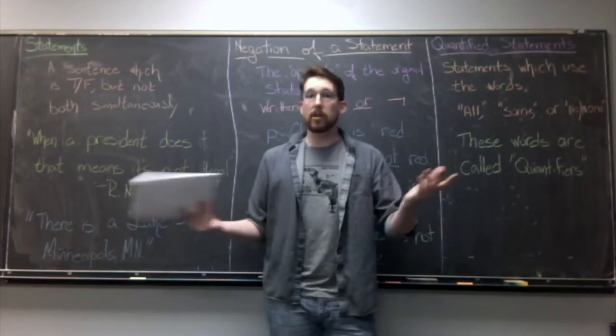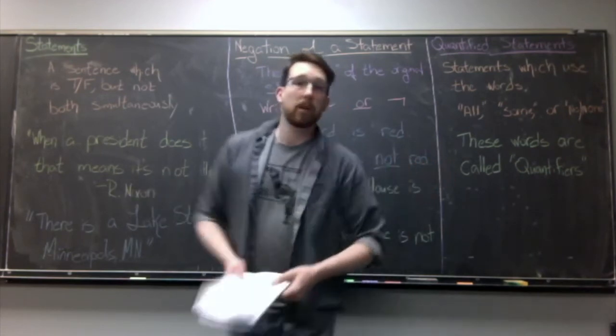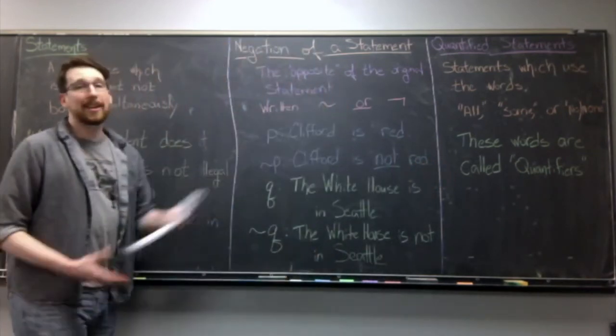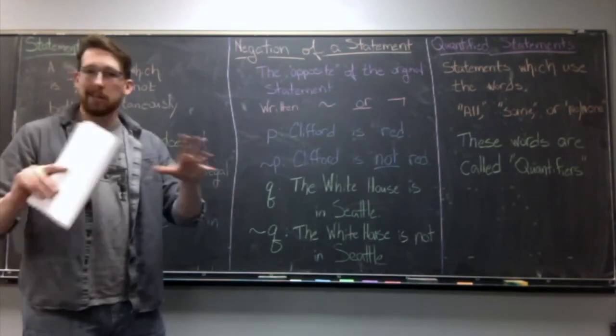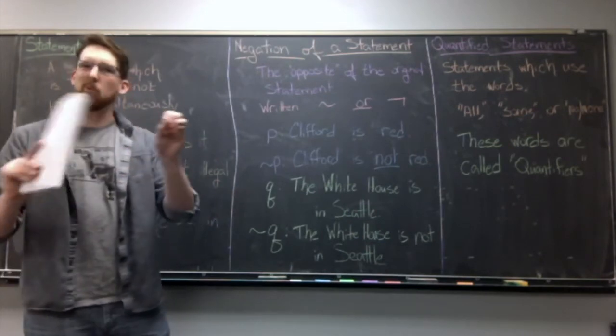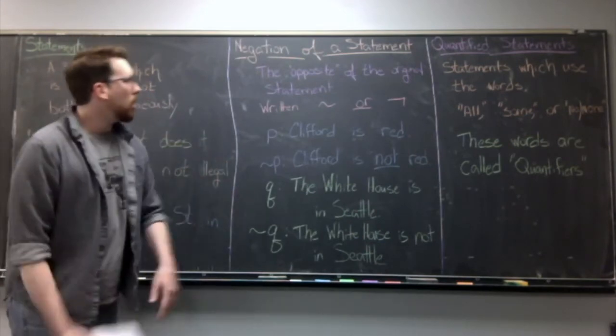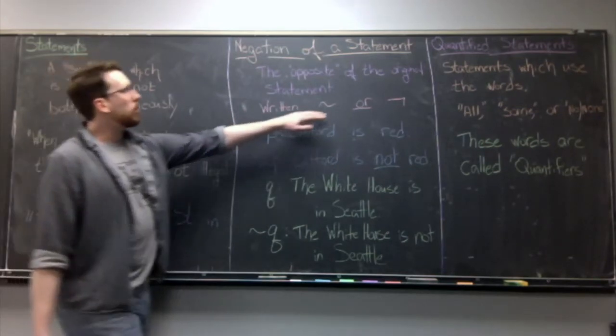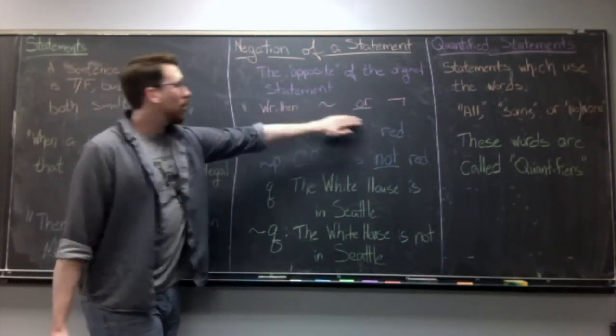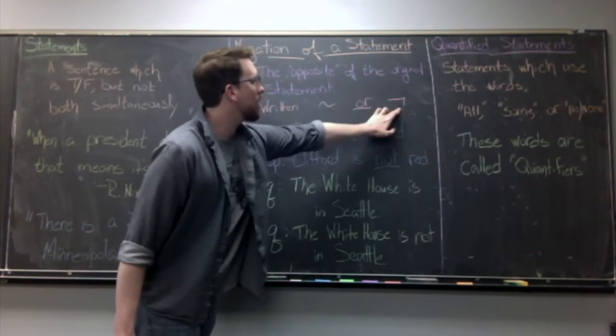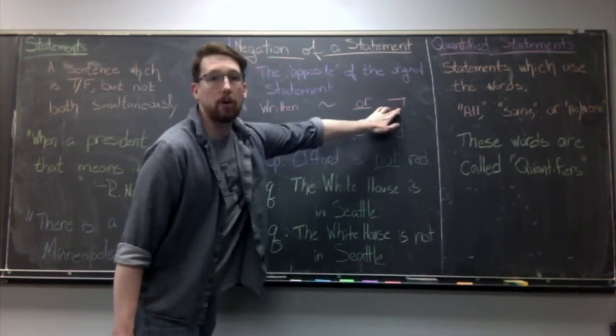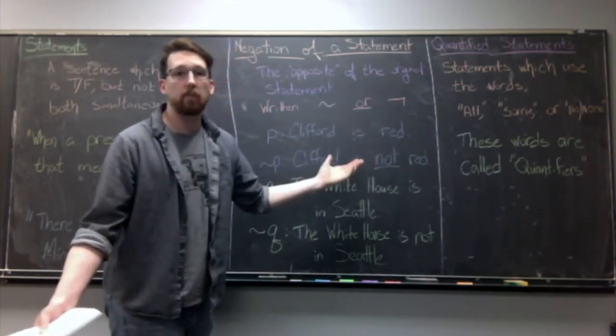To begin with, let's talk about the negation of a statement. The negation of a statement is its opposite in a general sense of what that word opposite means, right? We use either the tilde or this funky looking kind of sideways L to represent the negation of a statement.